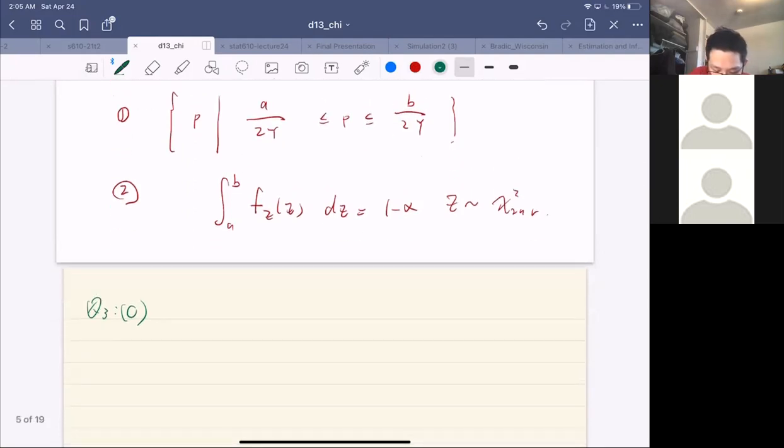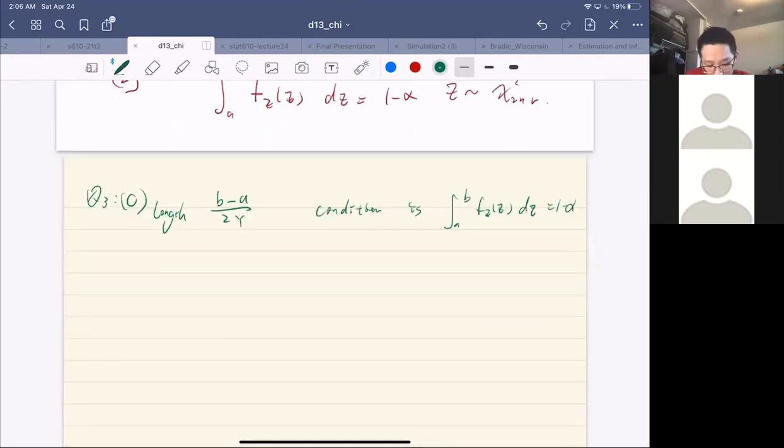So the length will be B minus A divided by 2Y. So this is the length. The constraint condition is this.